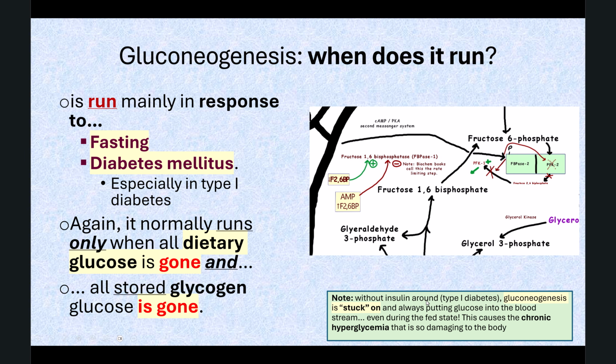Now, without insulin around, in type 1 diabetes, gluconeogenesis is stuck on. That's one of the reasons that diabetics have high blood sugar, especially type 1 diabetics, because you need insulin to turn off gluconeogenesis. Otherwise, it's going to be stuck in the on position, which is not good.